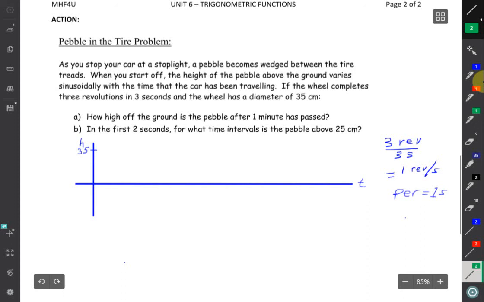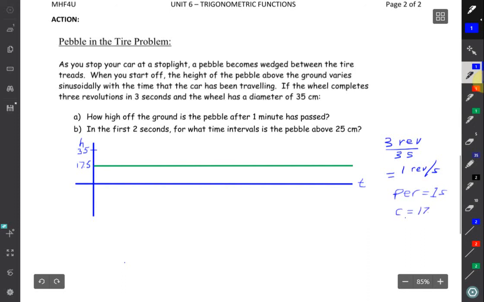Otherwise, that would change our axis, but our axis is right in the middle of these. So our axis would be at 17.5, which is half of 35. And then that tells us what our C value would be for our equation. C is 17.5.